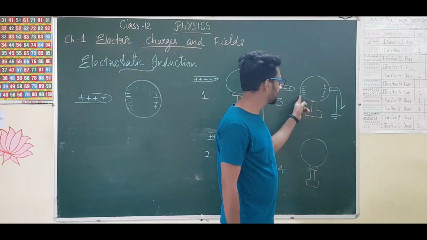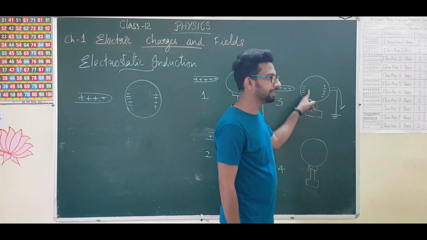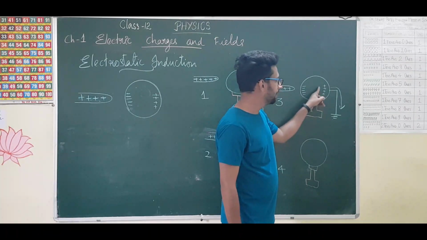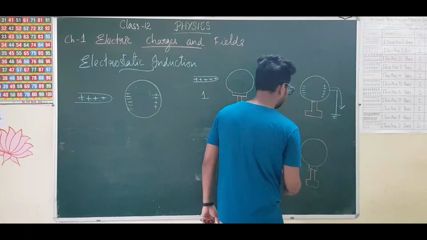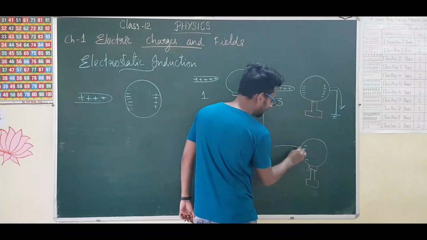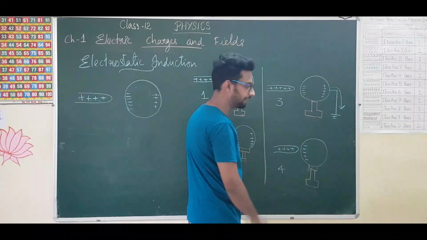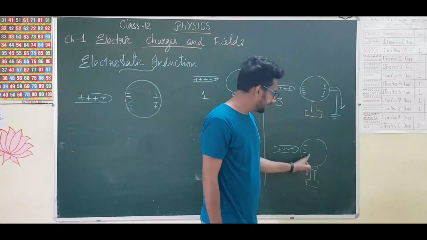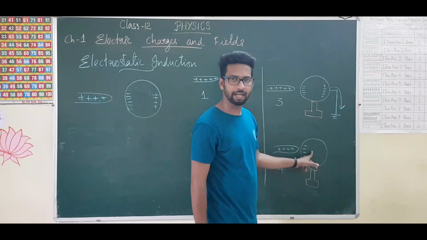The negative charges are very far from this end, so they will remain here, but the positive charges will move towards the earth. After earthing, what will remain? The negative charges will remain here because of the Coulombic attraction. Now the charge on this metallic shell is negative only.